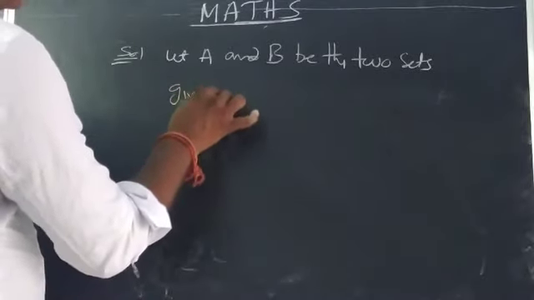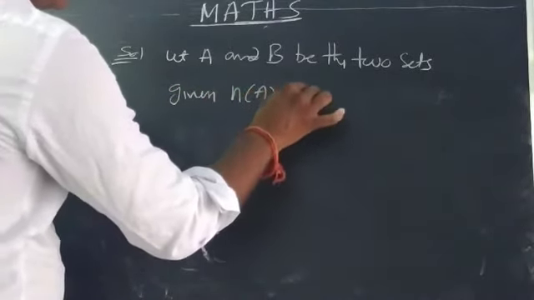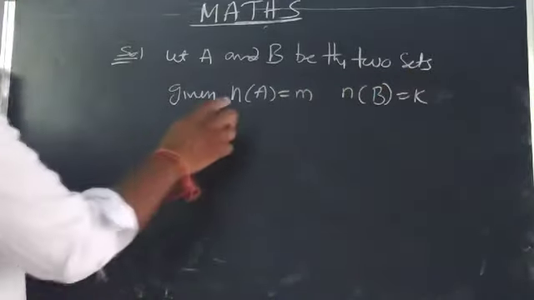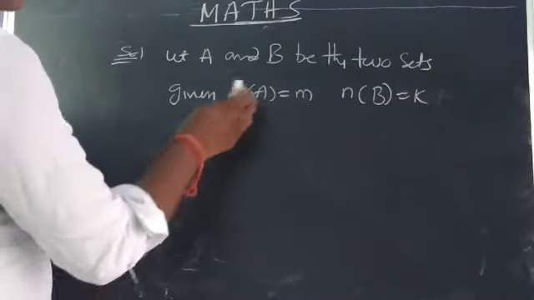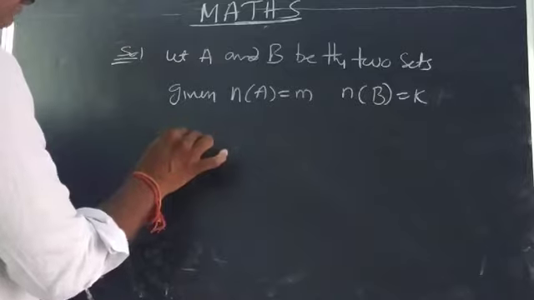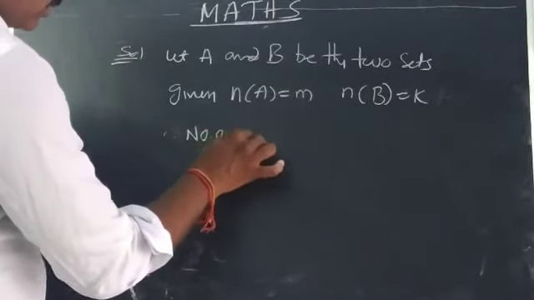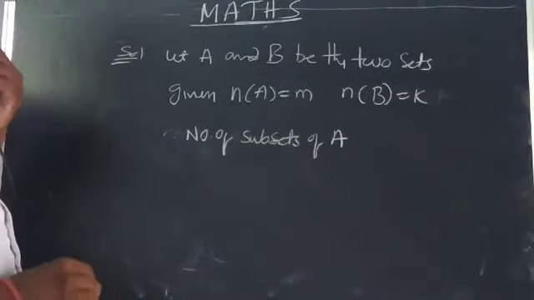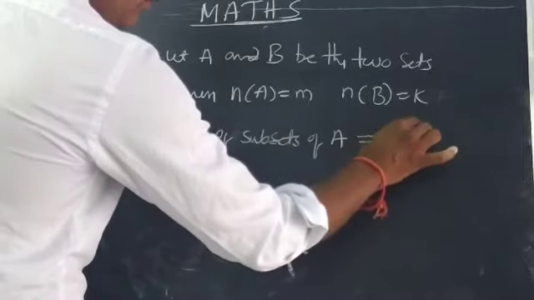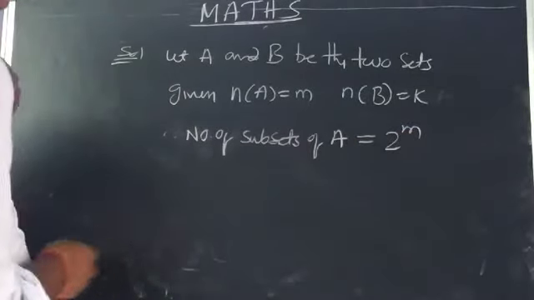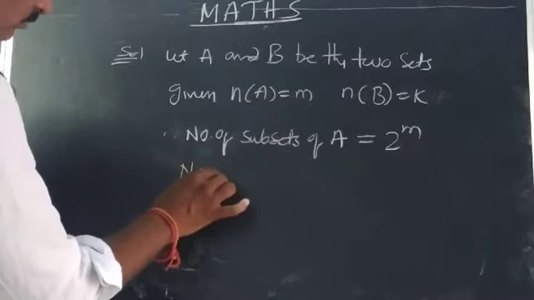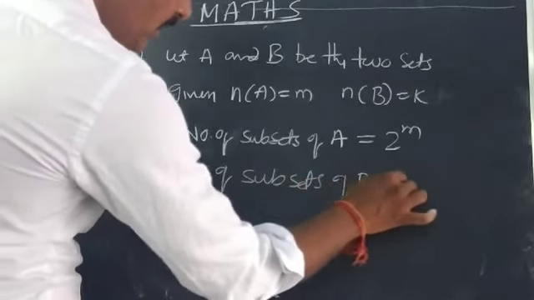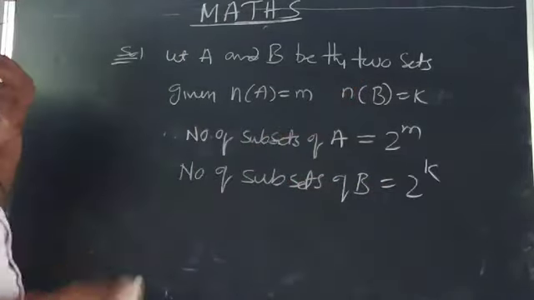Number of elements in A is M, number of elements in the second set is K. If you know the number of elements in A is M, we can find the number of subsets of A, which is 2 power m, the number of elements in the power set. Next, the number of subsets of B is 2 power k, because B has k elements.